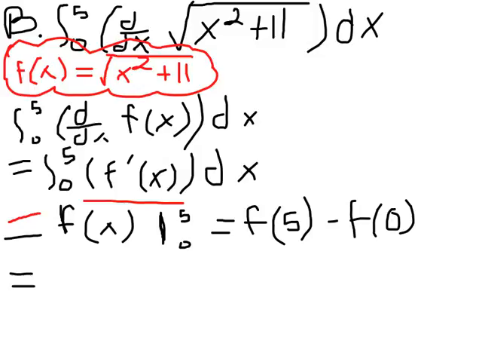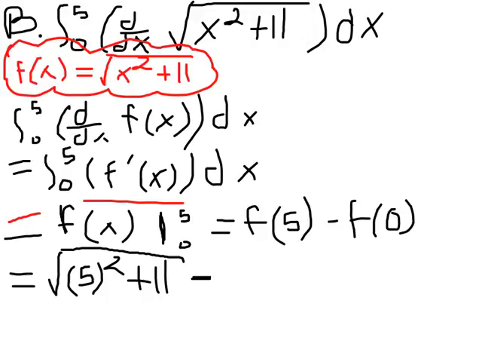which is equal to, using our cloud, we know that f of x can go in here. So this means that we have f of 5 is equal to the square root of 5 squared plus 11 minus the square root of 0 squared plus 11.